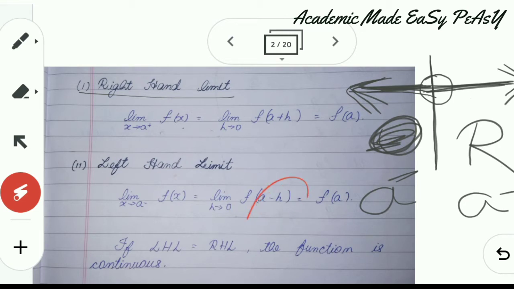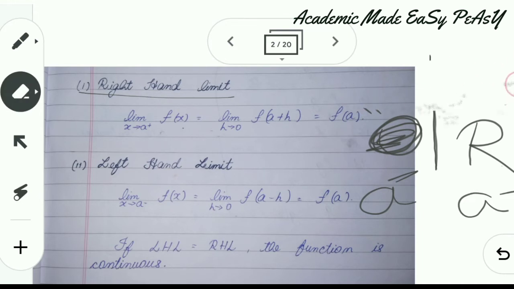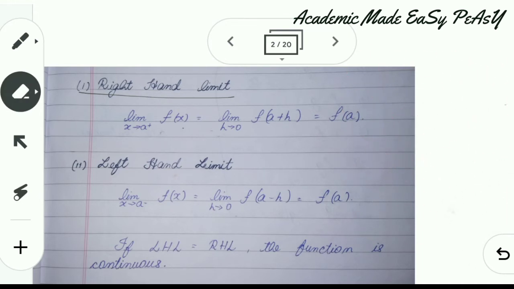Anyway, this h is tending to 0, it means it is 0, so only we have written like this. We will call this RHL and this LHL. So if LHL and RHL are equal, then the function is continuous. If not, the function is not continuous.